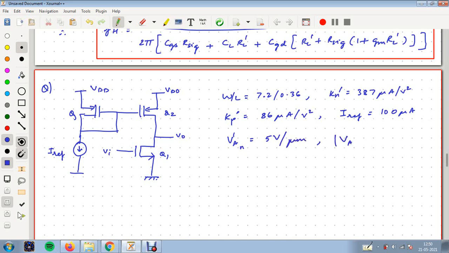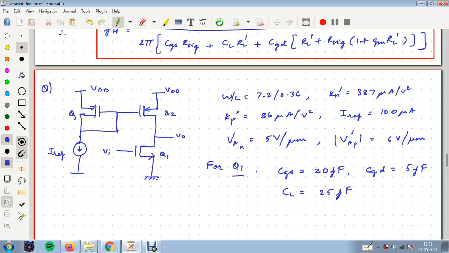VA prime for PMOS is 6 volts per micrometer, right? And for the Q1 transistor, the one which actually behaves as the amplifier, CGS is 20 femtofarads. CGD is 5 femtofarads. CL is 25 femtofarads. And R signal is 10 kilo ohms.